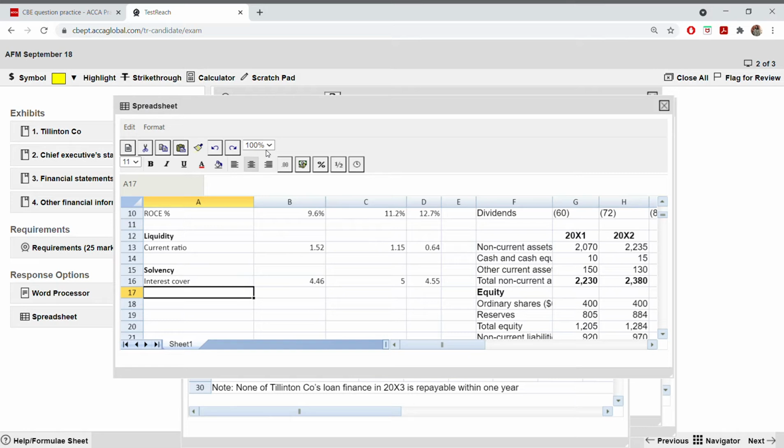Gearing, you can take two ways of calculating gearing. I'm going to show you both. First of all, gearing you can take based on market value or book values. First I'm going to take the book value. The formula for gearing, if you are taking the market value, is non-current liability divided by non-current liability plus market value of share capital.